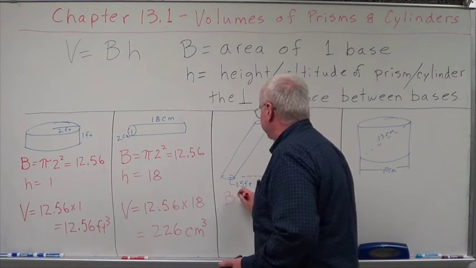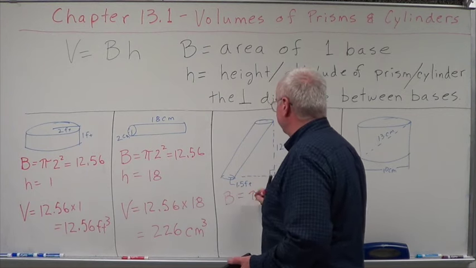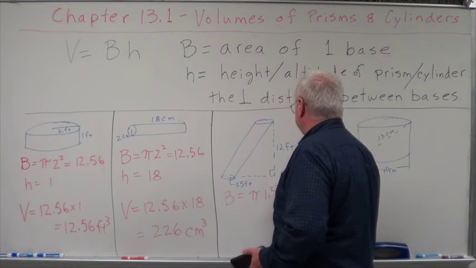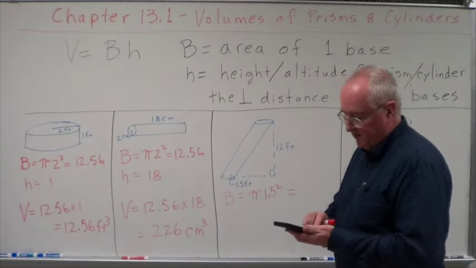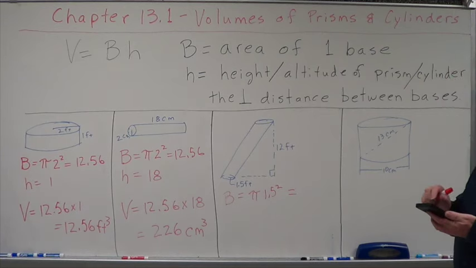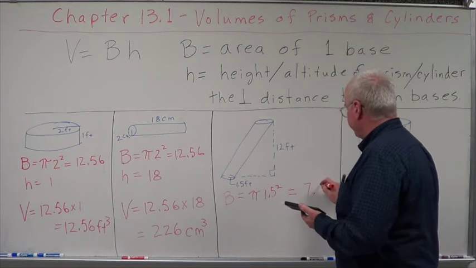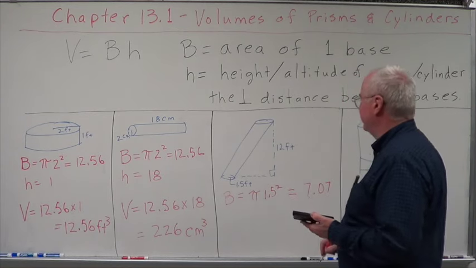What's our base? The base equals pi times 1.5 squared equals 7.07.